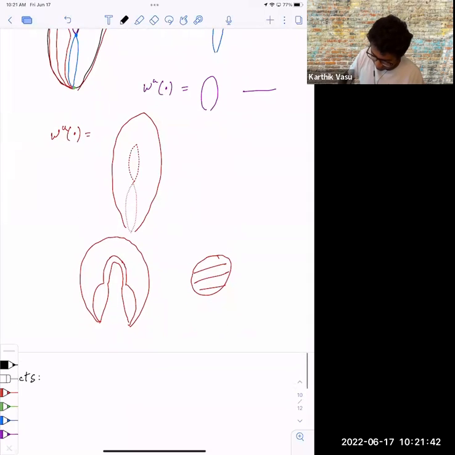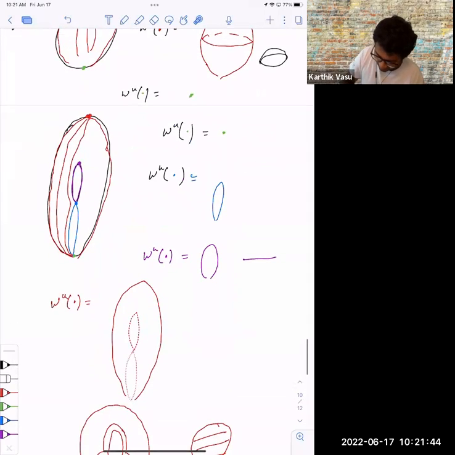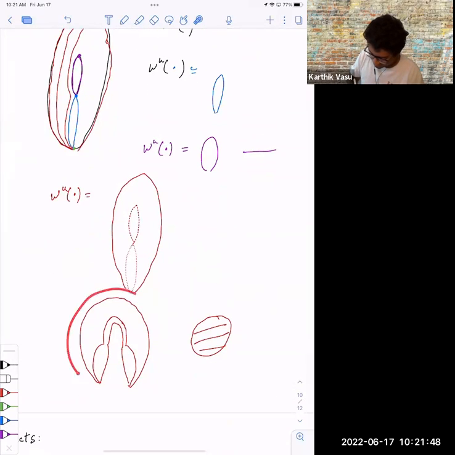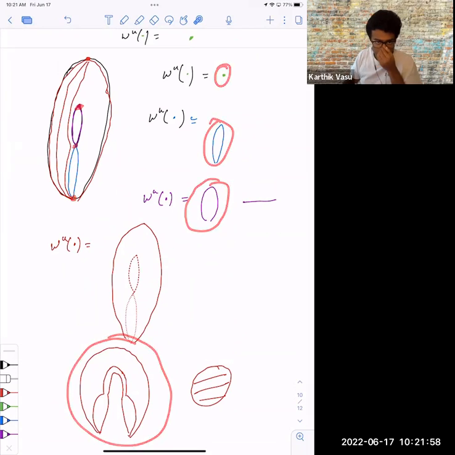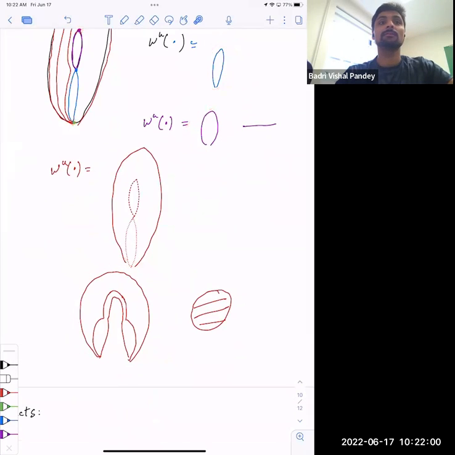Something you can notice is because red had index 2, the unstable manifold also has dimension 2. Purple had index 1, so this will also be dimension 1. This is 1, this is 1. This had 0, so this is 0. Sorry, I forgot, what was the definition of index?